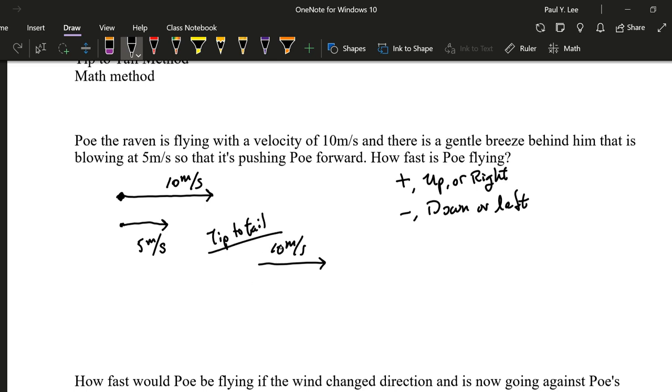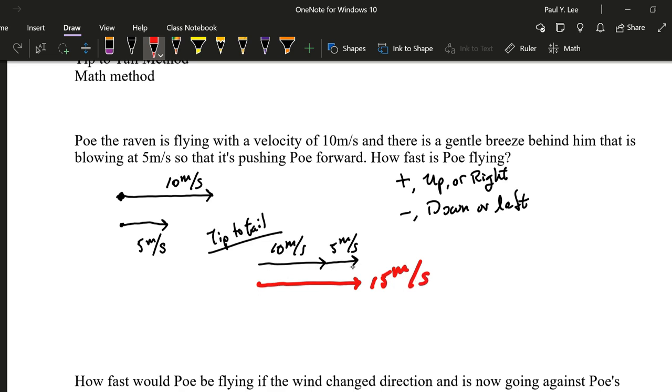Poe is flying 10 meters per second to the right, and where that arrowhead ends, I'm going to add the 5 meters per second arrowhead, so that upon further observation, we can now say it's as if Poe is flying 15 meters per second. All right, so that's the tip-to-tail method.